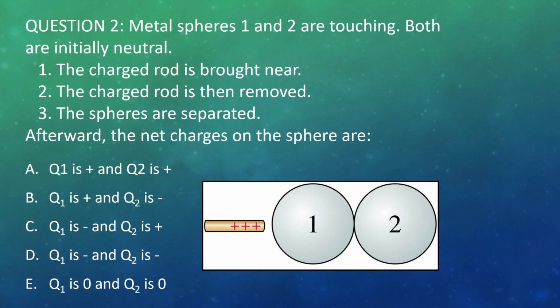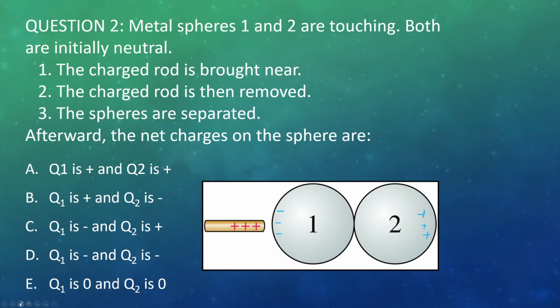All right. Well, this is interesting. So you bring the charge nearby. The first thing that's going to happen in those spheres is they're going to polarize, right? You're going to have negatives attracted to one side, and you're going to have your positives repelled off to the other side. But then you take away that influence.